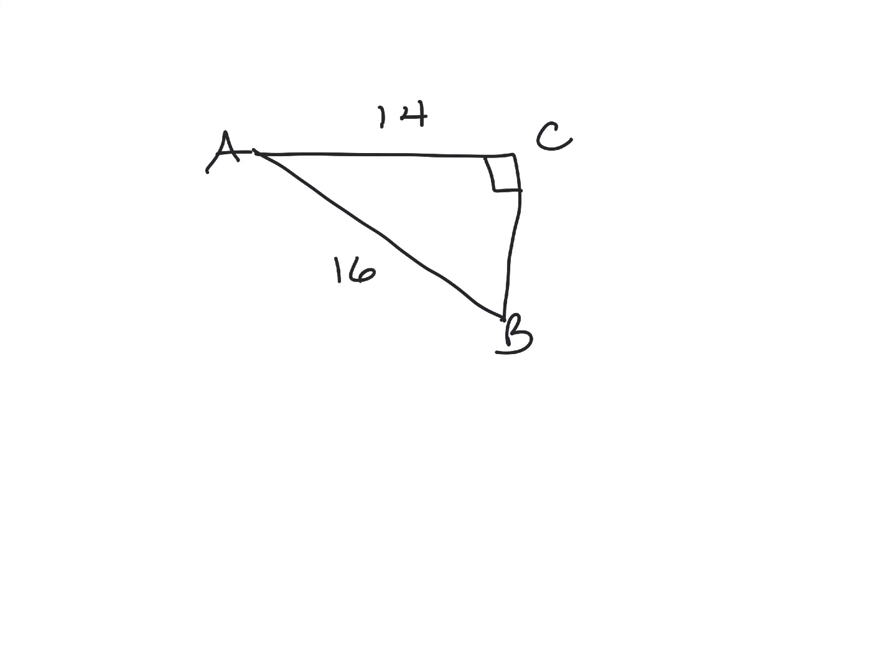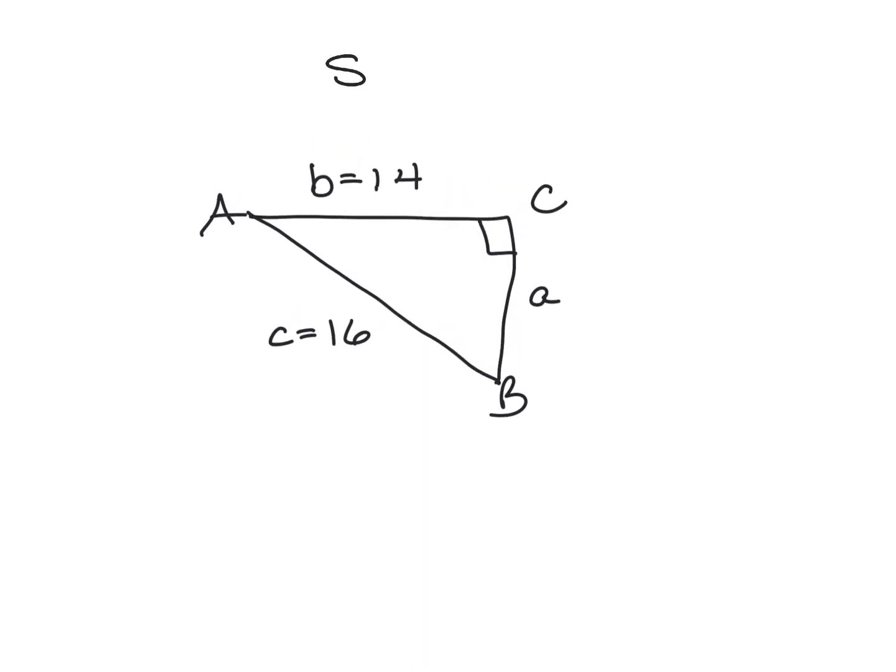Now I'm going to go ahead and label the sides as well. So the side across from angle A is lowercase a. The 14 will be lowercase b. And then the 16 is the hypotenuse. Now, when you're given 2 sides and the instructions are going to say, solve the right triangle or solve the triangle.